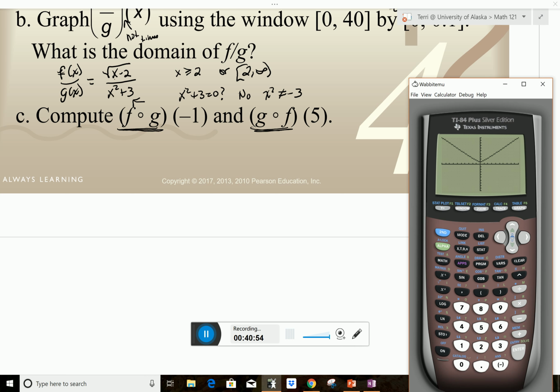And I could find out what that is at -1 because I could just go calc value -1. And at -1 it looks to me like it's 1.414, which I actually recognize as the square root of 2.